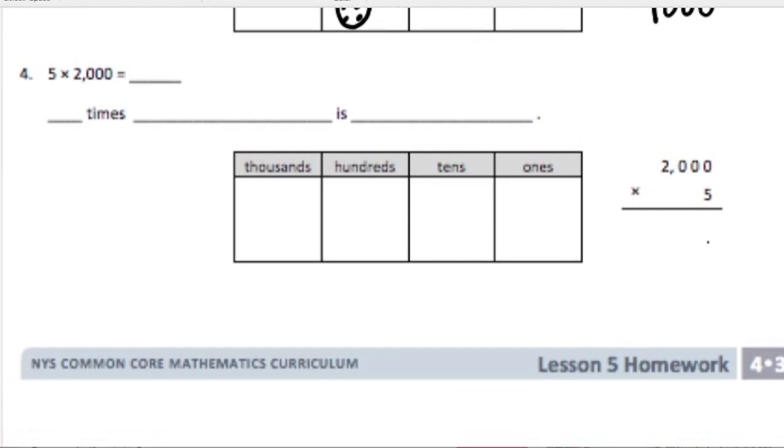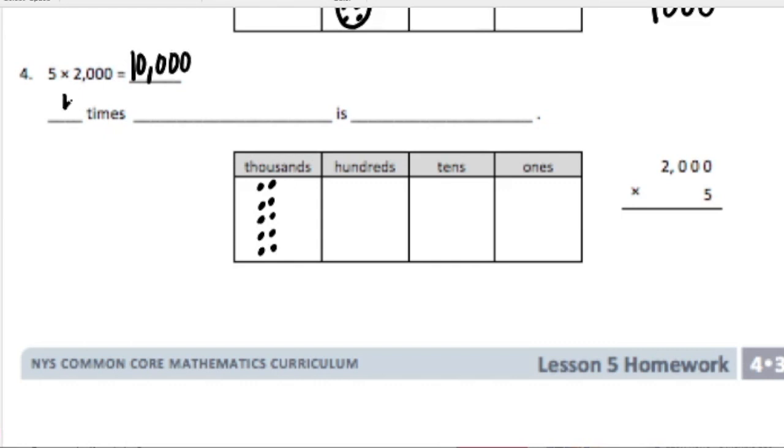For number 4, 5 times 2 thousands. That would be 2 thousands 5 times. That would be 10,000.